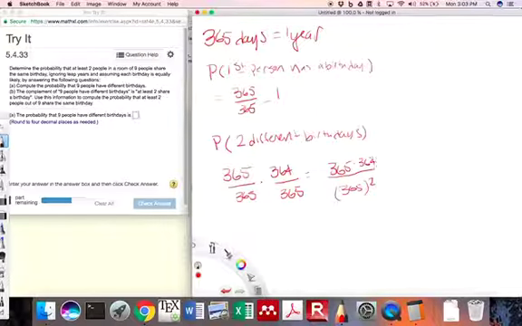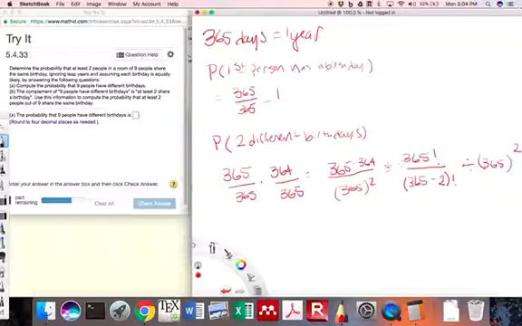365 times 364. Now I want you to notice that this is 365 factorial divided by 365 minus 2 all factorial, and then divide by 365 to the second. And I know what you're thinking, why would I type it that way when I could just do this?